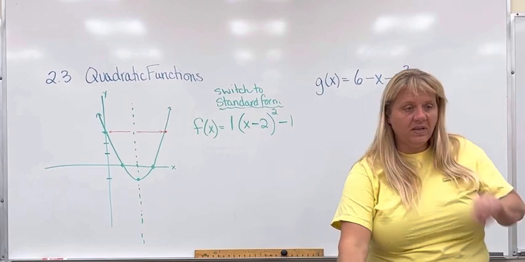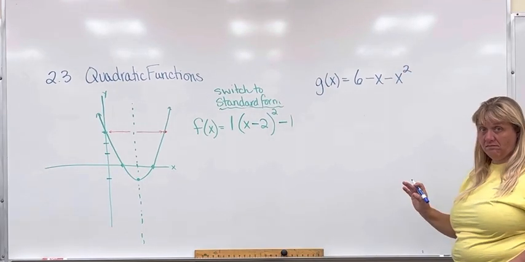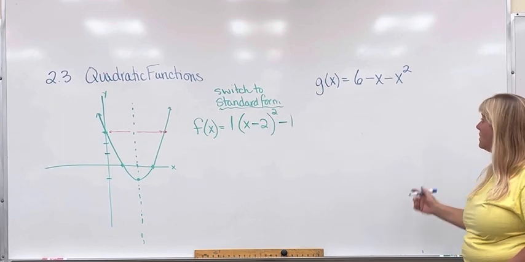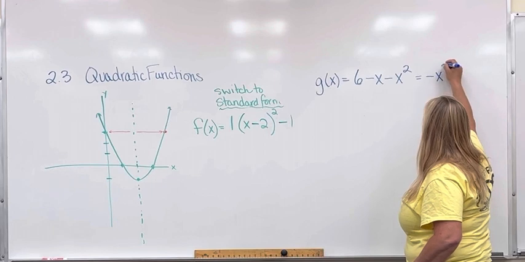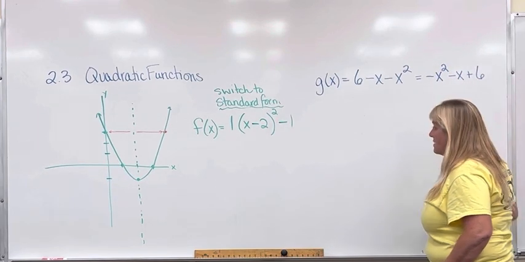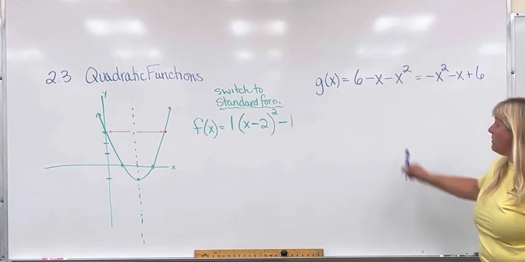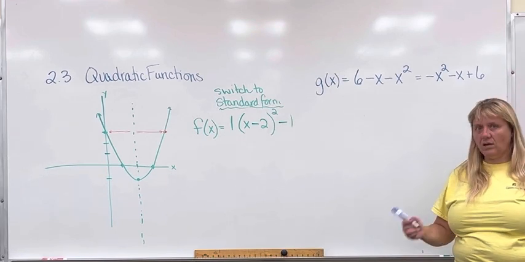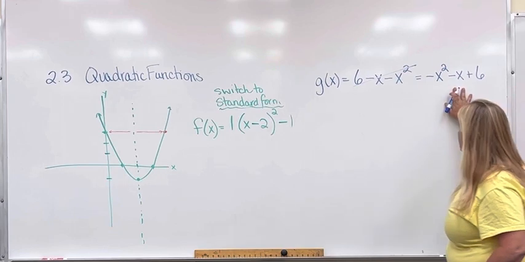And there is a bit of an issue with this one in that it is written up there out of order, if you will. So I would go through here and rewrite this as minus x squared minus x plus 6. Having everything in the correct spot just makes it that much easier to get this correct. If things are out of order, it's that much easier to get it incorrect. So we won't use that, we'll use this instead.